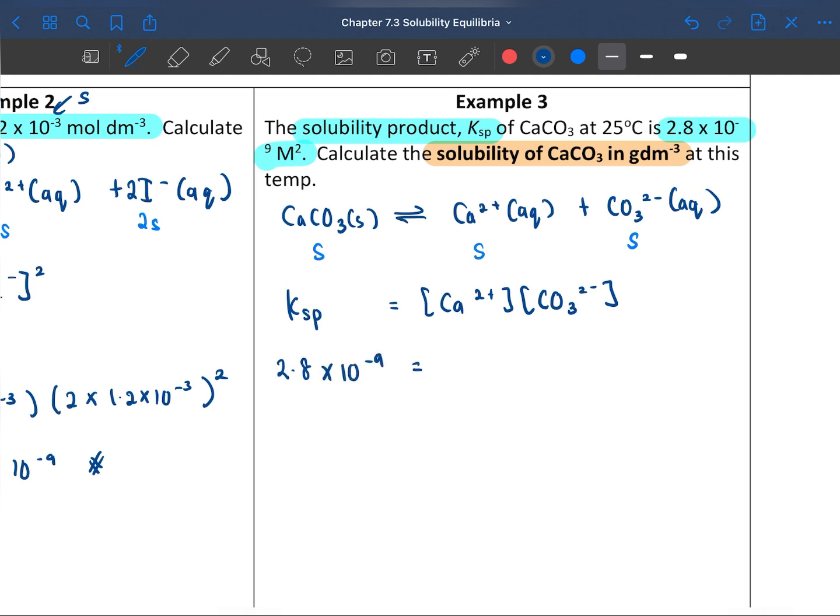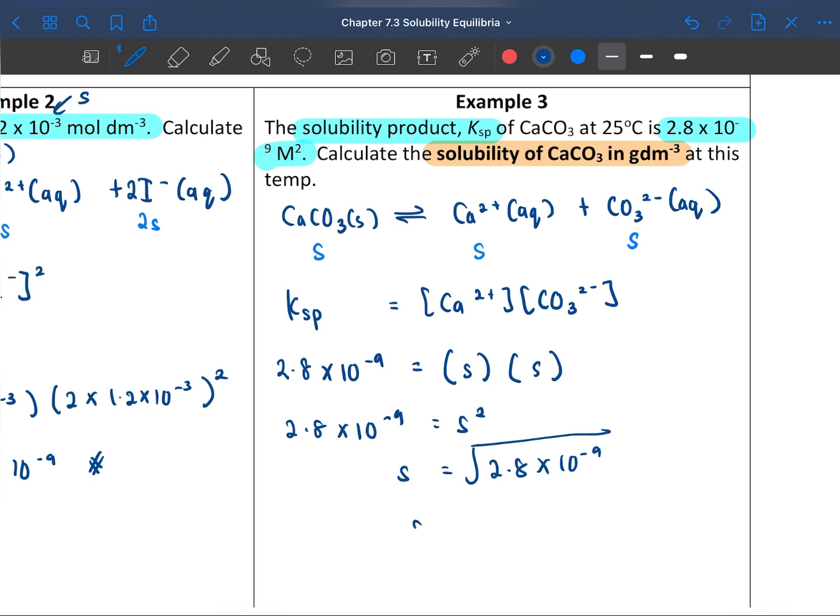Then Ca is S, and this one is also S. So 2.8 exponent negative 9 equals S squared. So the solubility equals the square root of 2.8 exponent negative 9, and you should get 5.29 exponent negative 5.